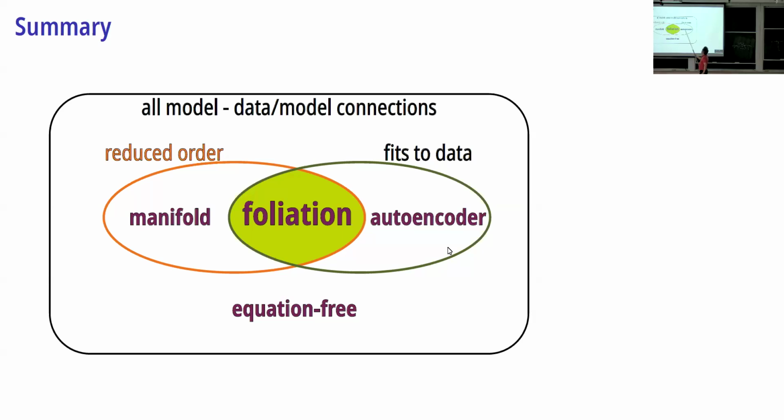The foliation and the autoencoder can be fitted to data directly. And when you have the intersection, that's just the invariant foliation. So this is hopefully convincing you that when you need to actually reduce the dimensions, you should use foliations. Equation-free model, as I told you, it's good for a number of cases, but it's neither one of these.